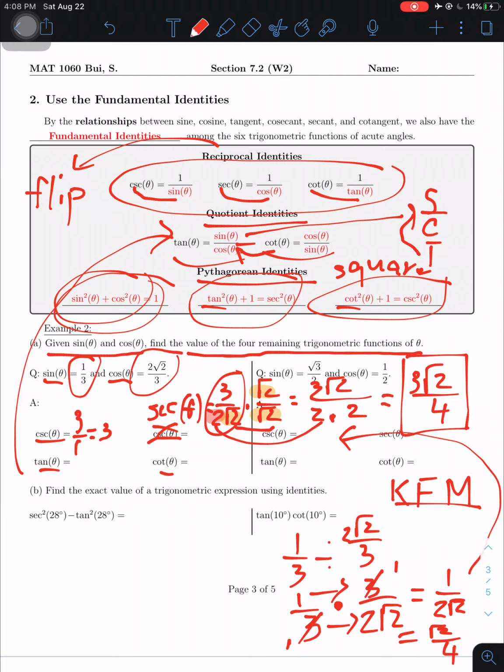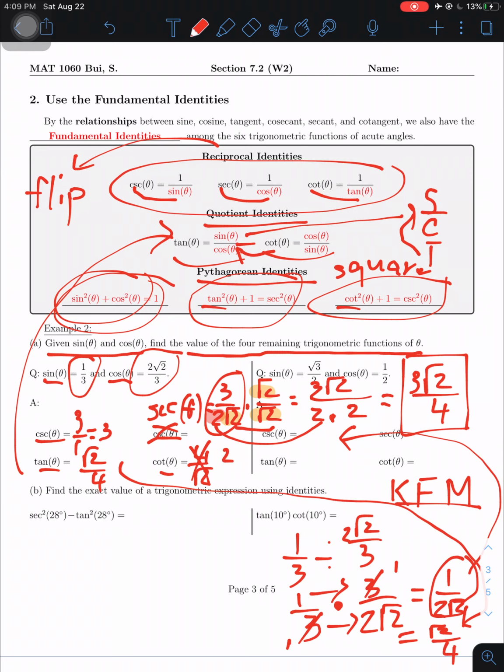Okay, so tangent in here equals square root of 2 divided by 4. This answer is from here. For cotangent, we're going to flip whatever we get from tangent. So this could be 4 divided by square root of 2, but I told you guys, I'm a lazy person, so instead of flipping that, I'm going to flip this answer right here, the one right before the final answer.